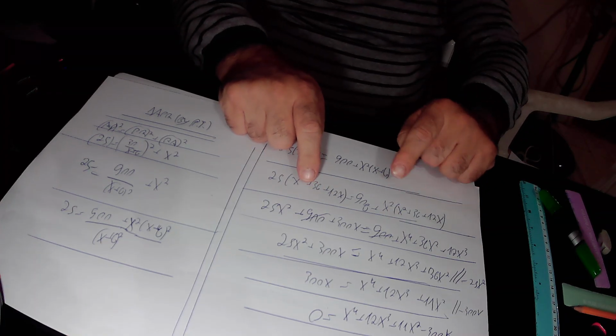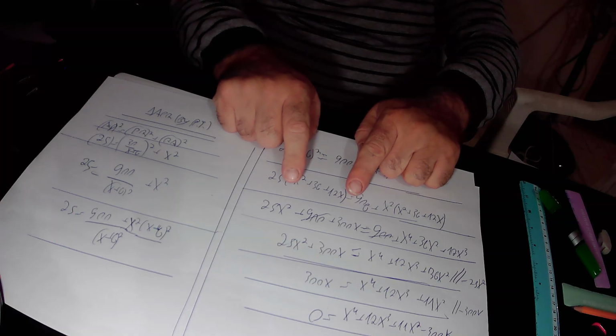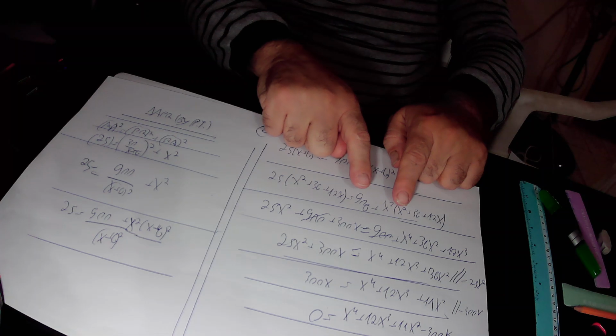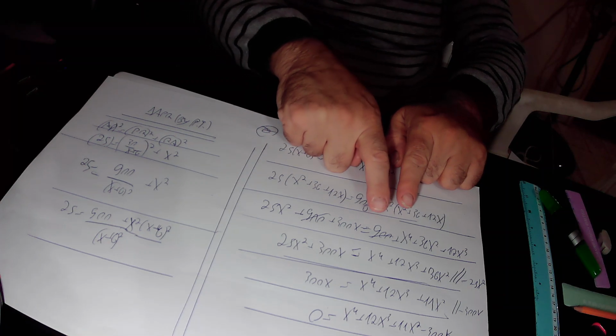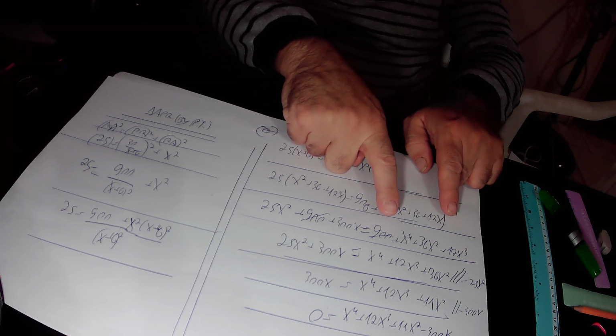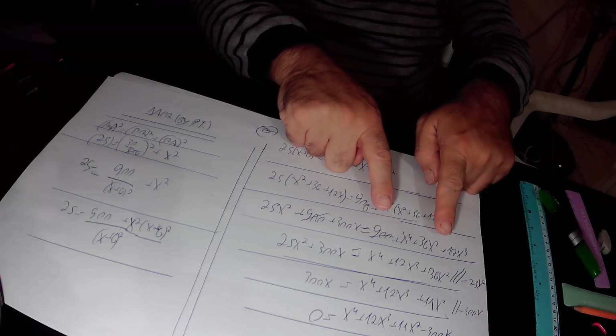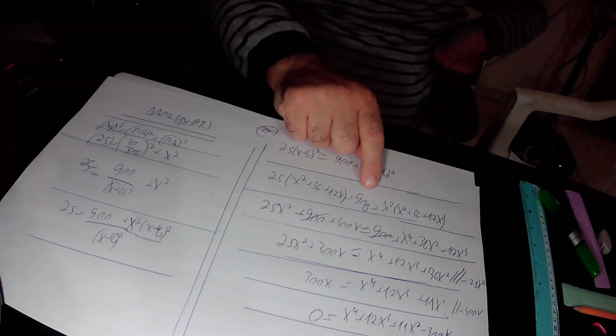After I cancel 900 on both sides of the equation, we are left only with 25X² plus 300X, while on the other side of the equation we are left with X to the power of 4 plus 12X³ plus 36X².